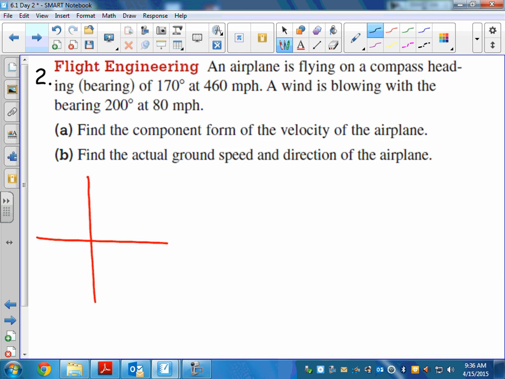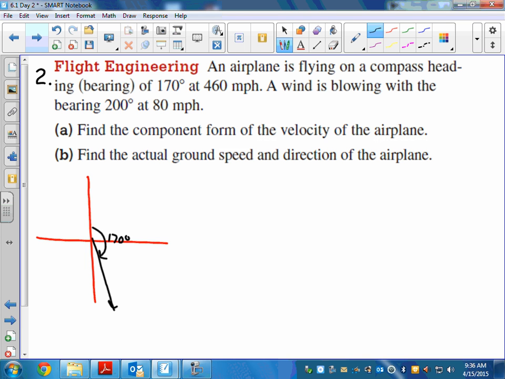If this is north, this is south. So if I measured from here all the way to here, that would be 180 degrees, right? So if I measured from here to almost here, I could say from here to here is 170 degrees. You follow me on that?